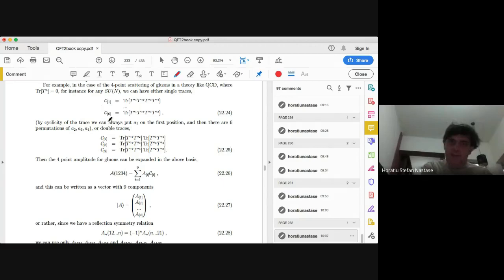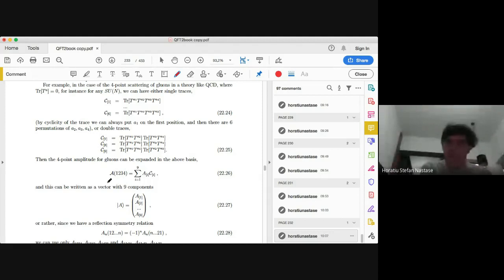So there are 6 color structures from trace T^A1 with 3 more gluons, and then 3 color structures from the double traces, picking 1 index out of 3 to pair with A1. So I have 9 possible color structures, 6 single traces, 3 double traces.